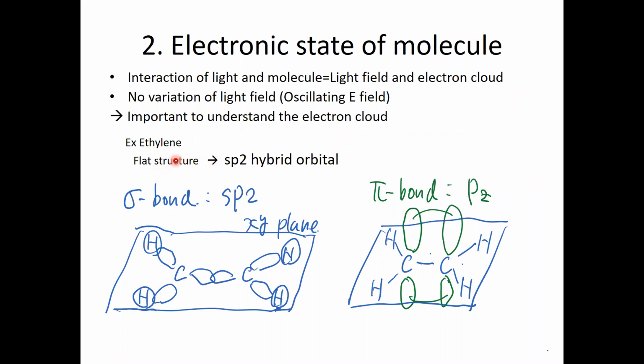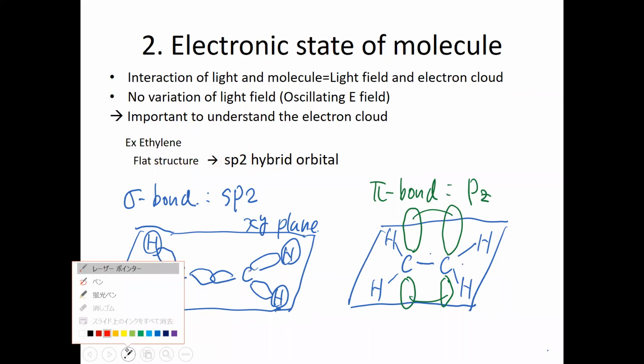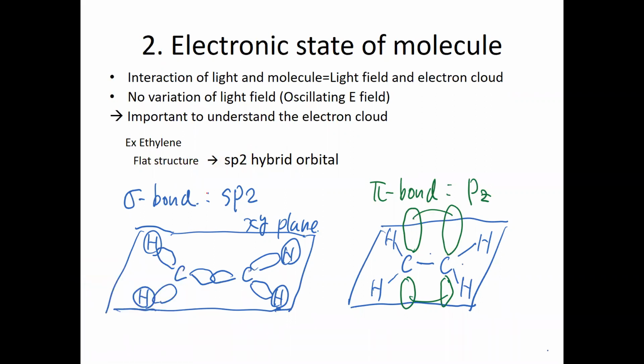If you are a chemistry student, everybody knows that ethylene lies in the same plane, so it has a flat structure. Some students misunderstand that this is because of the sp2 hybrid orbital. Most chemistry students know that the molecular orbital of carbon is made of sp2 hybrid orbitals, which direct toward the triangle directions.